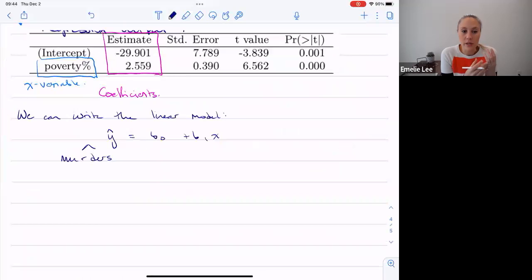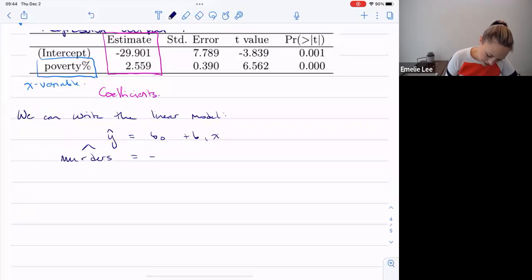That's just saying the predicted murders, and of course units and whatever, but we want some shorthand name for it. So the predicted murders is going to be negative 29.901 plus 2.559 times the poverty percent.